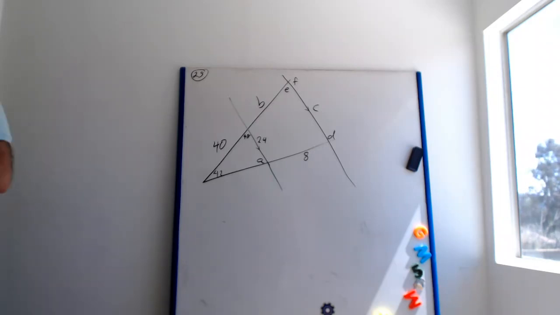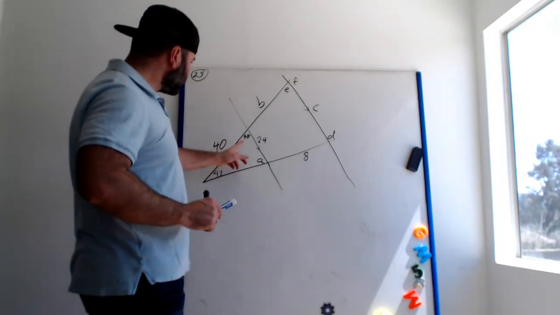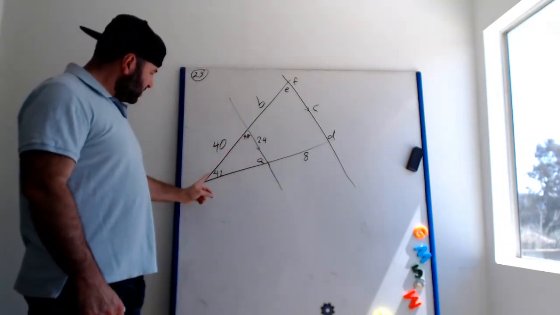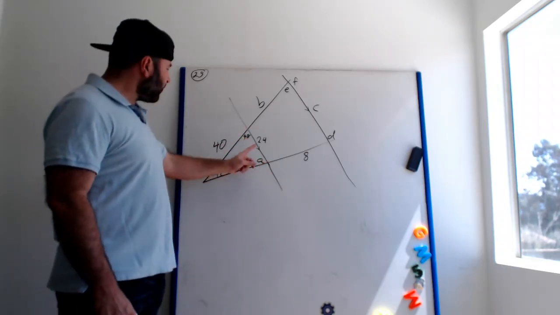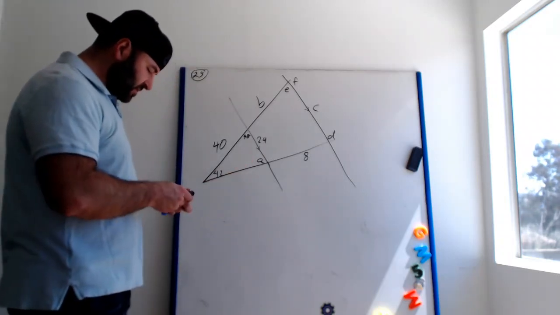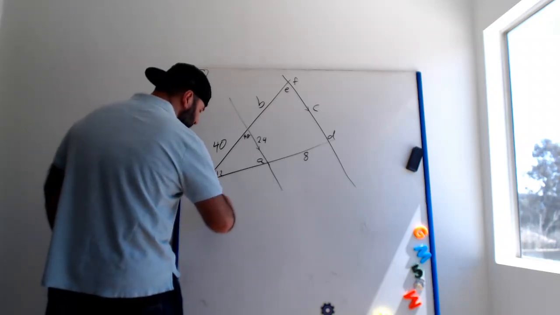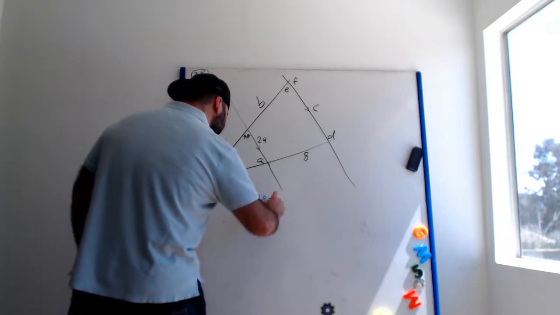Let's first focus on the angles because I think those are the easiest. You may notice that here we have a triangle, and if we have two of the three angles of the triangle, we can find the third. So we set this up: 42 plus 48 plus A is equal to 180.